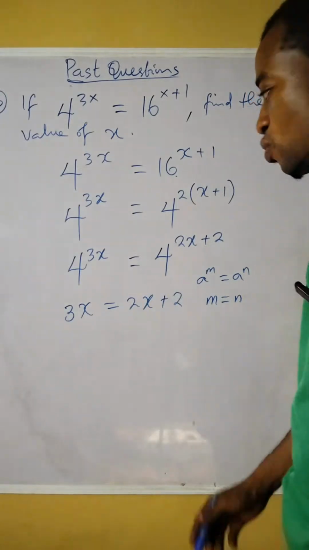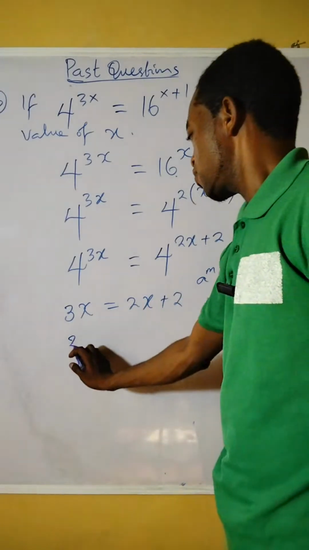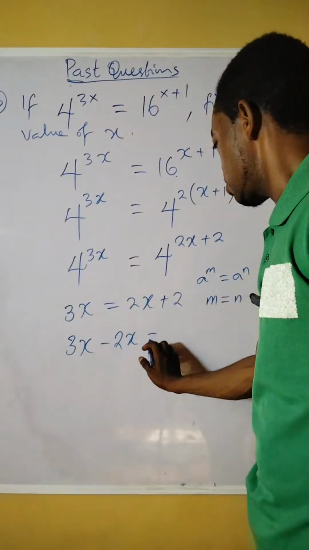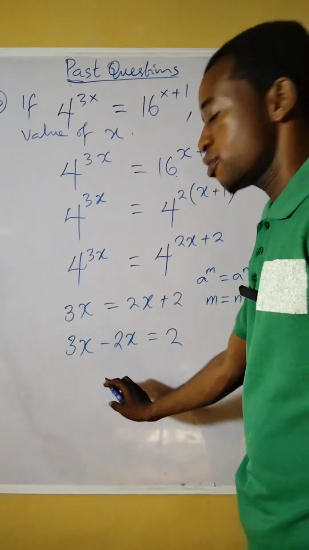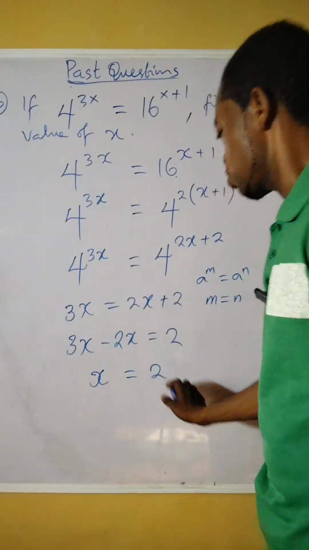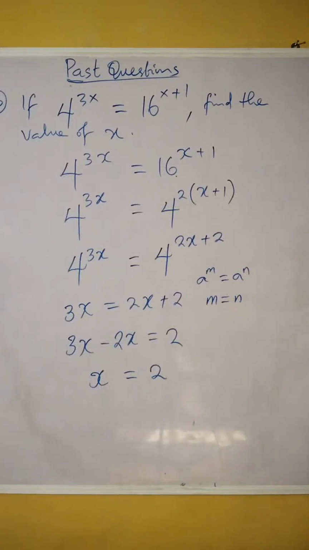So bring x to one side. Here we have 3x minus 2x equals 2. 3x minus 2x is simply x. Therefore, x equals 2. So we have that as our question number 6.